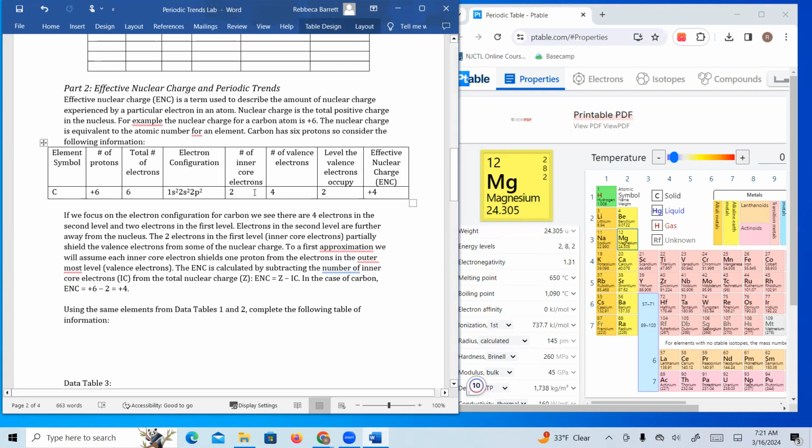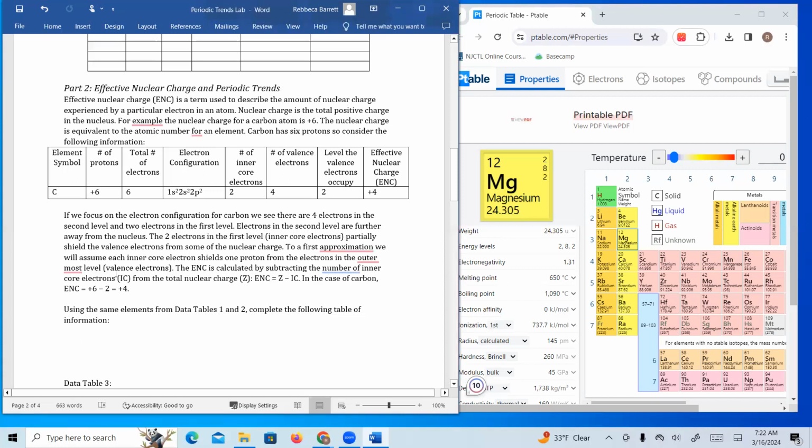So to approximate, we will assume each inner core electron shields 1 proton from the electrons in the outermost valence shell. So the effective nuclear charge is calculated as follows. How do we get this positive 4? We take the number of inner core electrons and subtract it from the total nuclear charge, Z. So Z, the total nuclear charge for carbon, is positive 6. We subtract the inner core electrons, 2, and we get an effective nuclear charge of positive 4.